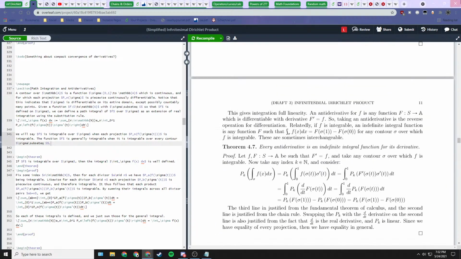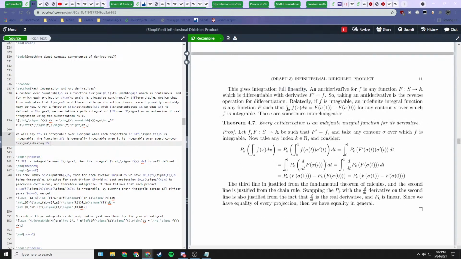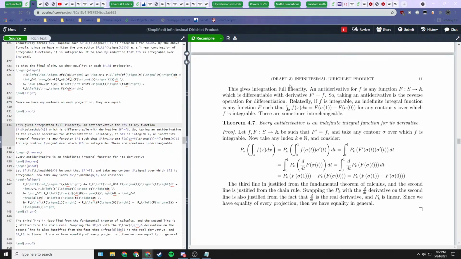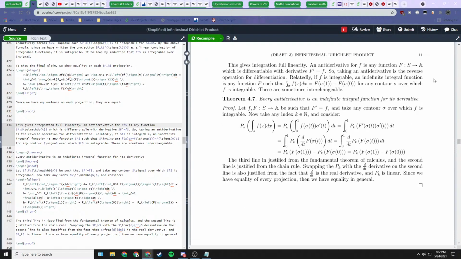Okay, nice. Then we're down here, full linearity. An antiderivative for f is a function which is differentiable with derivative F prime equals f. So taking an antiderivative is a reverse operation for differentiation. F is integrable. An indefinite integral function is any function capital F such that this equality holds for any contour sigma over which f is integrable.